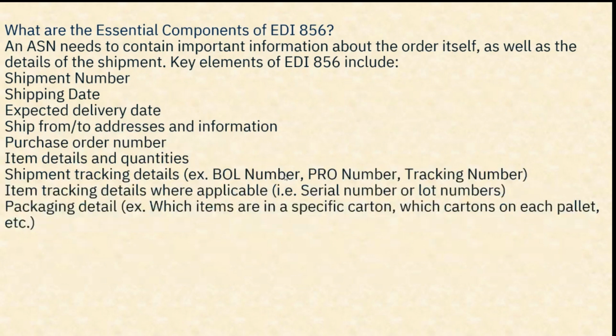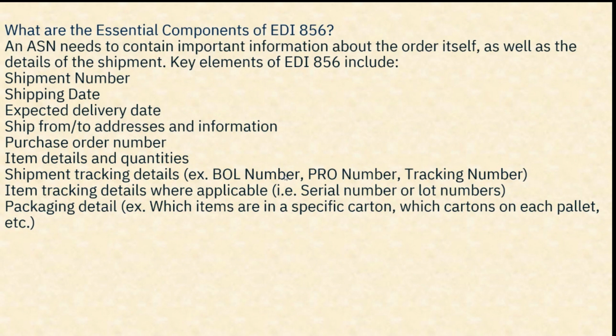So next slide we can see what are the essential components of an EDI 856. An ASN needs to contain important information about the order itself as well as the details of the shipment. Key elements of EDI 856 include first shipment number, second shipping date, third expected delivery date, fourth ship from and ship to address and information.